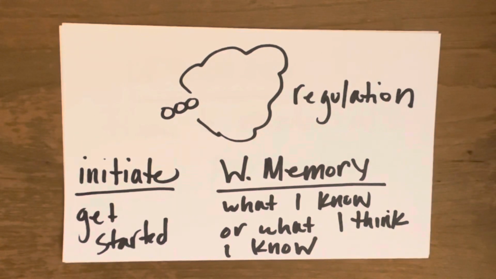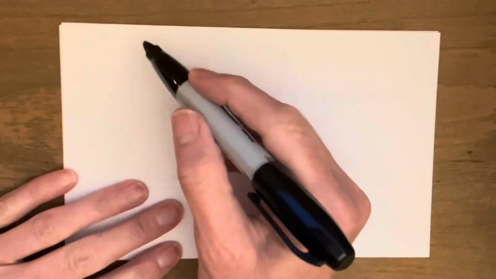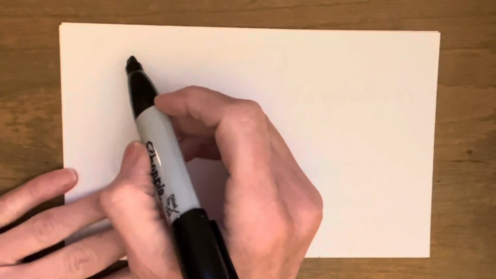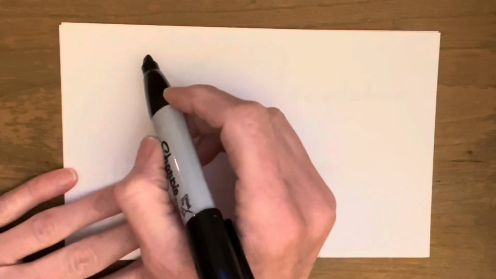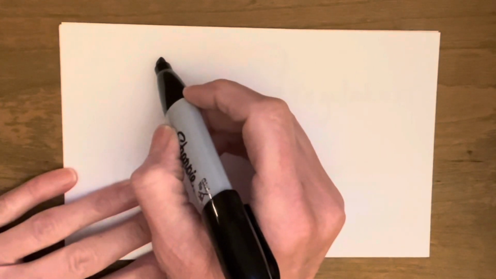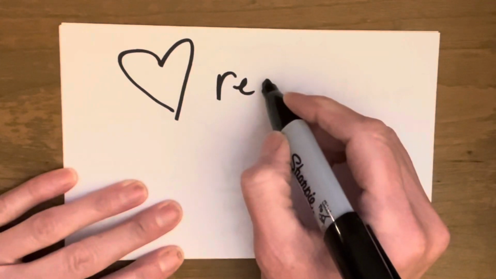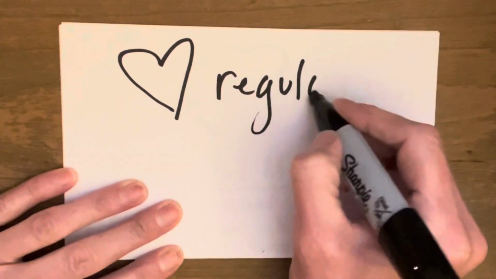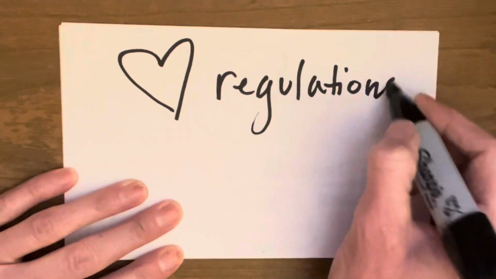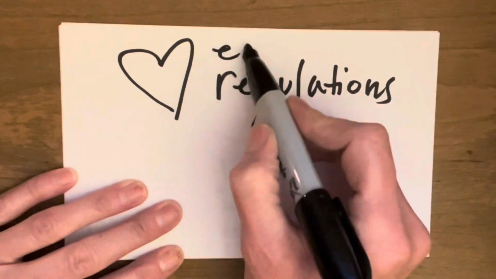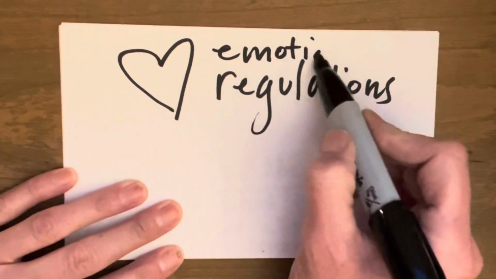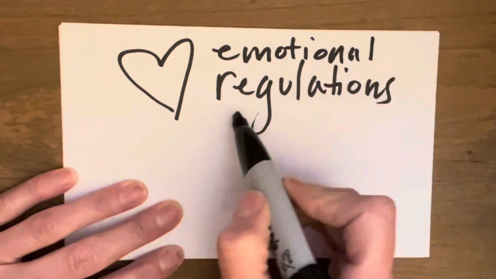I can't access my executive skills in my frontal lobe if I'm stuck in the lower part of my brain, like the limbic system. So to regulate my behavior, or my emotions. So emotion, I just wrote that because I say feelings. So emotional regulation.